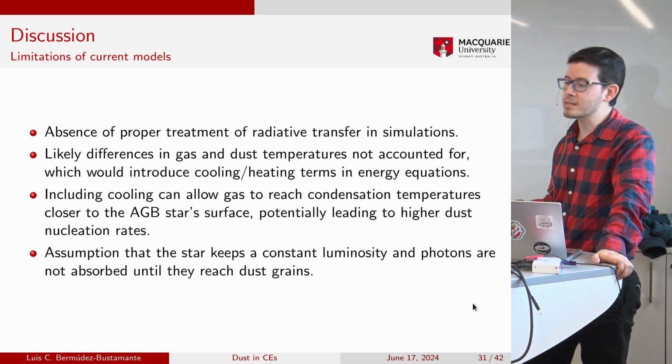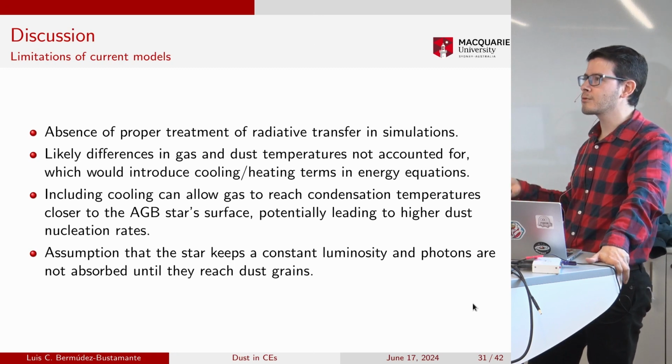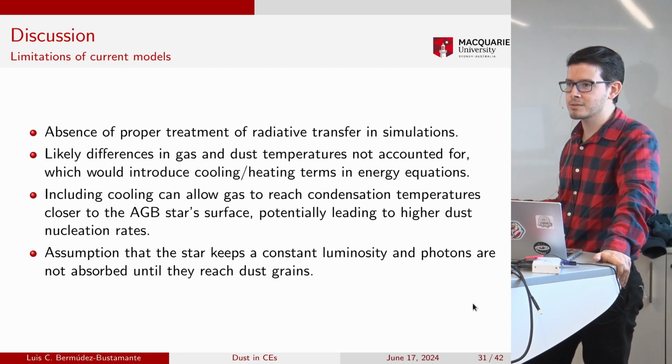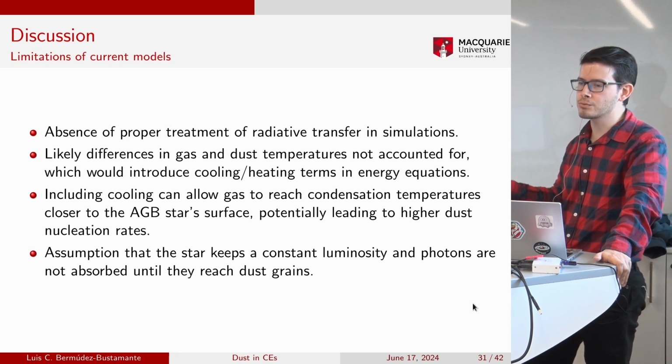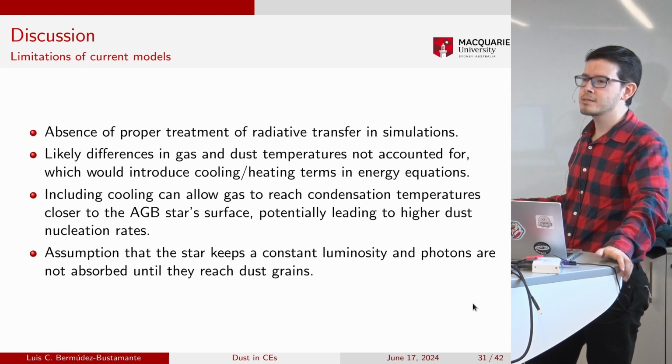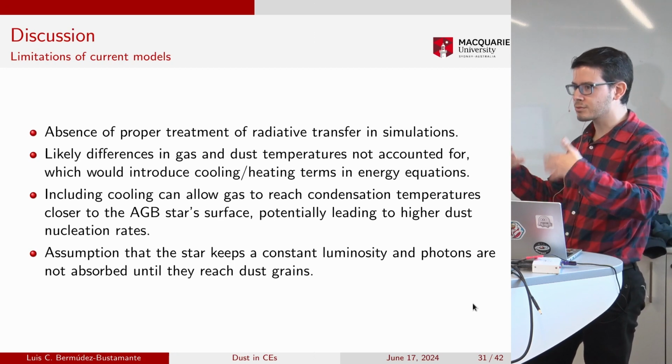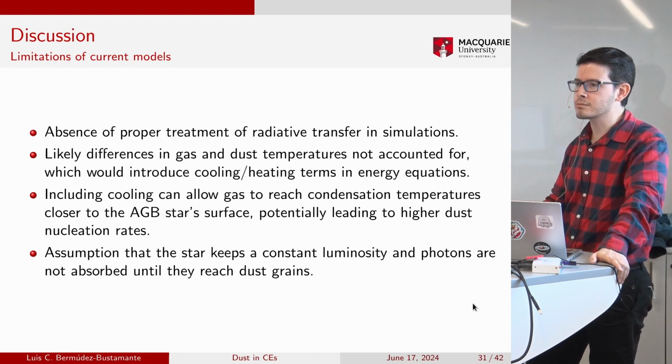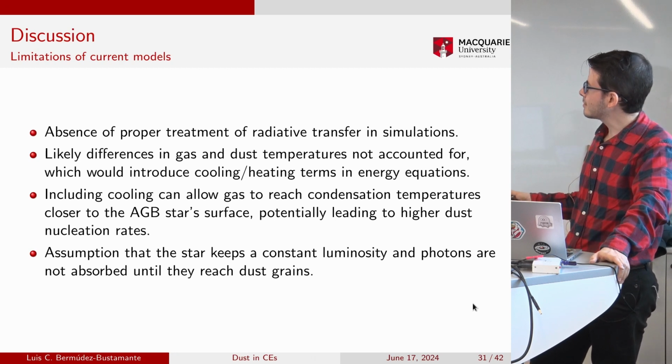What happens, for example, if we allow 50% of the energy to escape through radiation into space? Maybe the dust is going to form in regions closer to the binary stars.